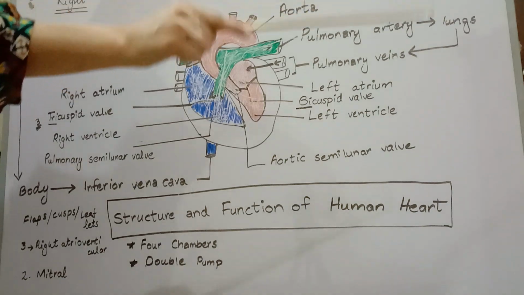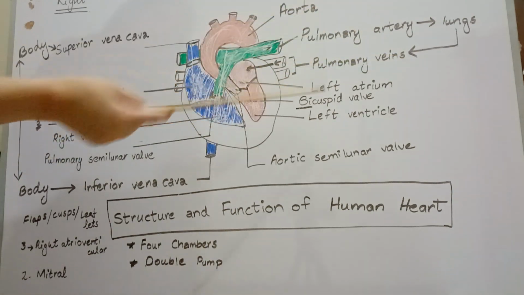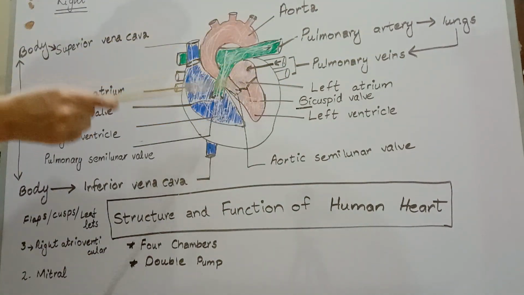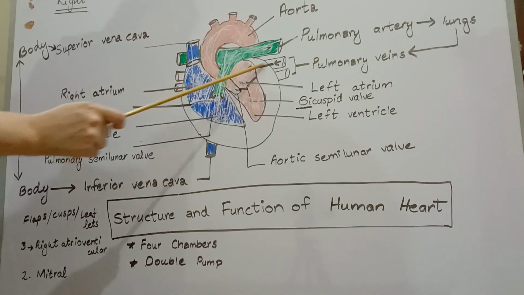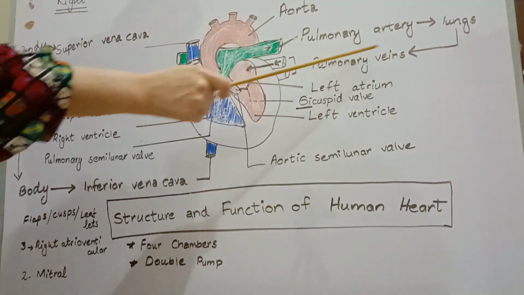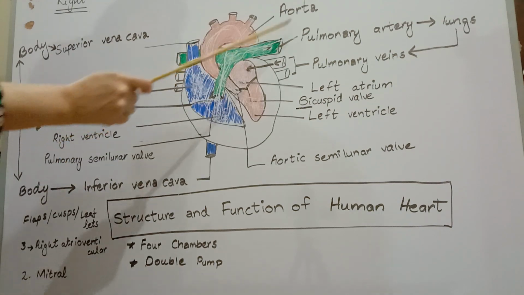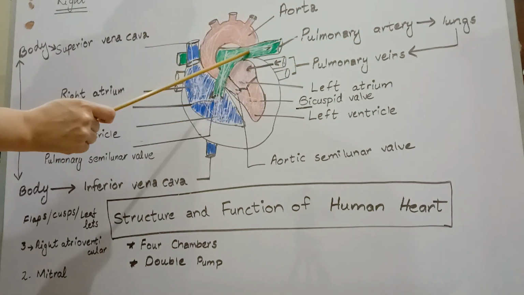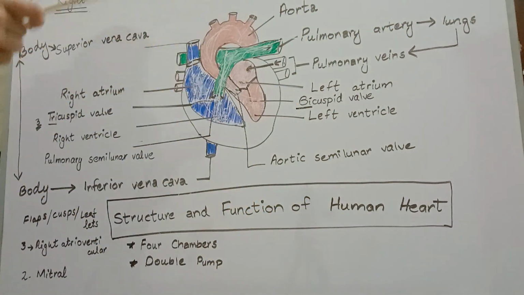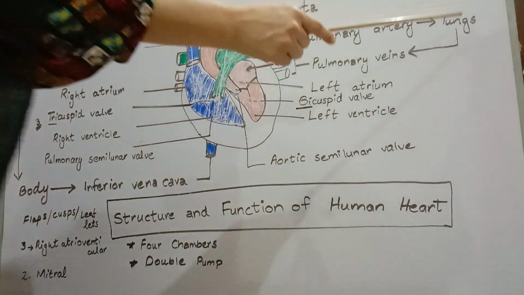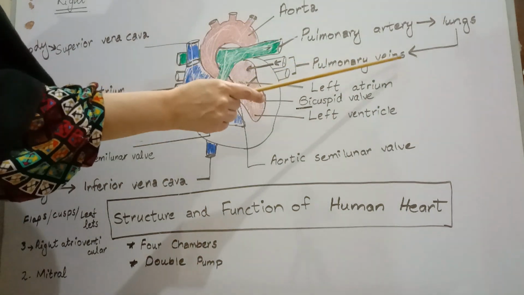That oxygenated blood then reaches the left upper chamber, the left atrium, through the pulmonary veins.